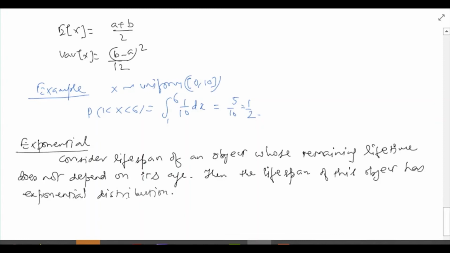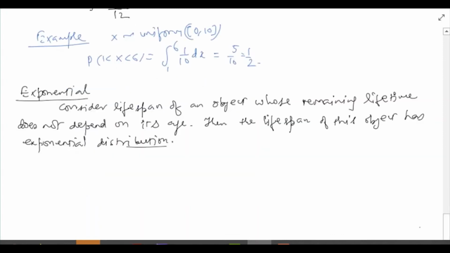For instance, suppose we have a bulb whose remaining lifetime does not depend on its age, then the lifetime of the bulb is considered to have an exponential distribution.